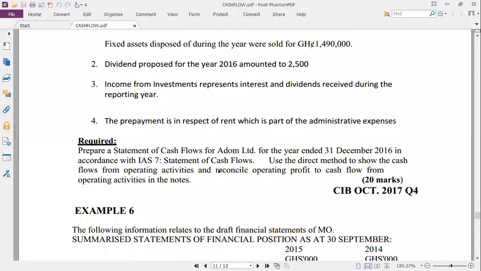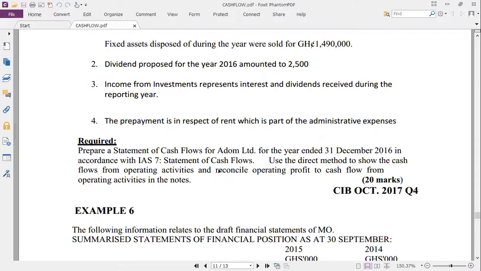Good. So now the full question requires us to use the direct method for the full question. So when preparing your cash flow, use the direct method to prepare the entire cash flow. So operating activity, direct method, you go to investing, you go to financing, you are done. Then when you are done, relax, come back again.